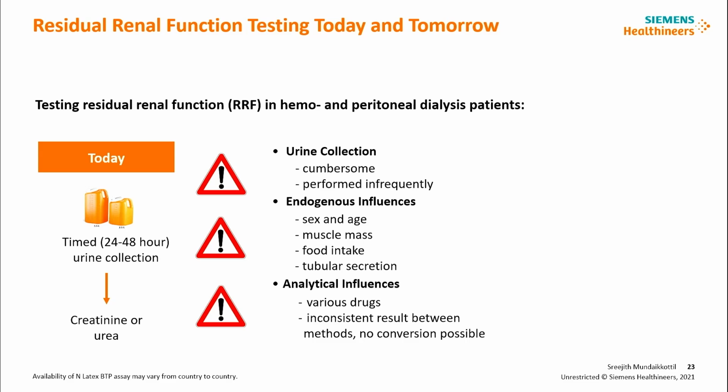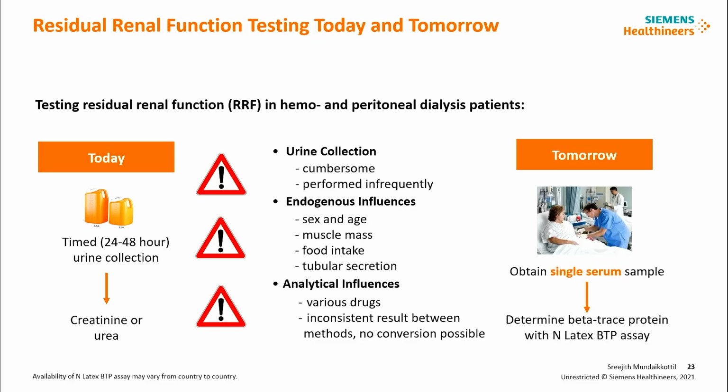If it is more than 10, then the patient is fine and he can wait. Dialysis is not urgent. So they relied on collecting a 24-hour or 48-hour urine sample to do the residual renal function. And this is a very hard procedure, which can be impacted by a lot of factors that can affect the quality or the accuracy of the results.